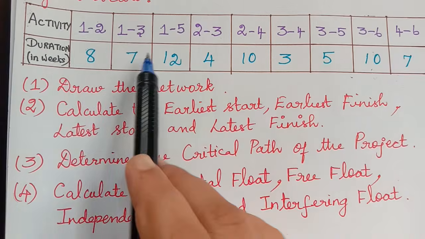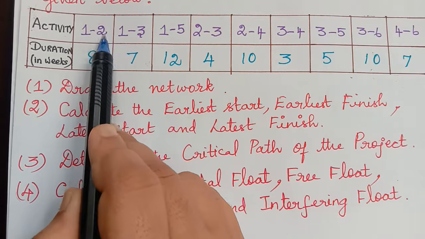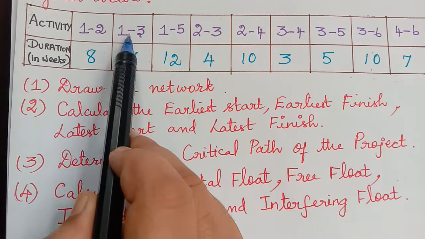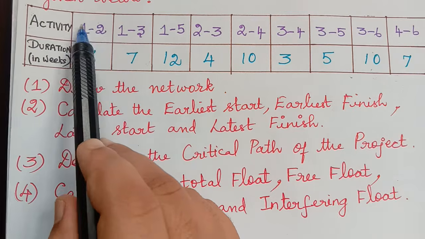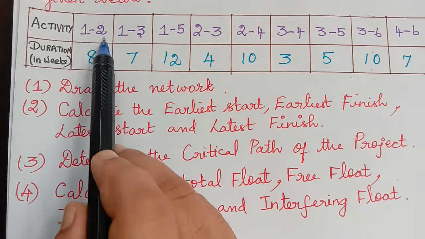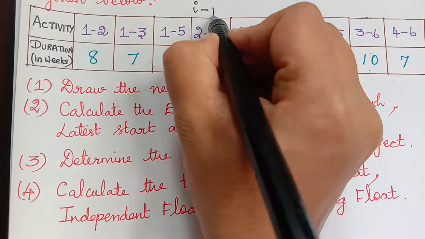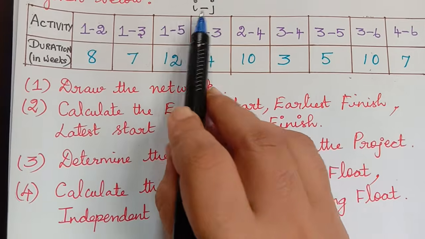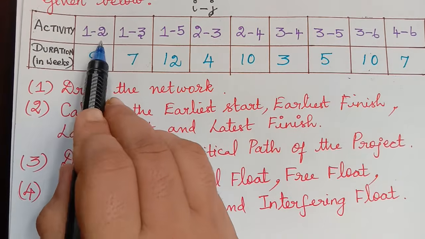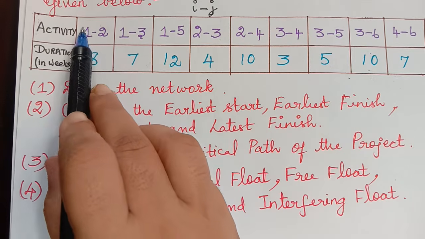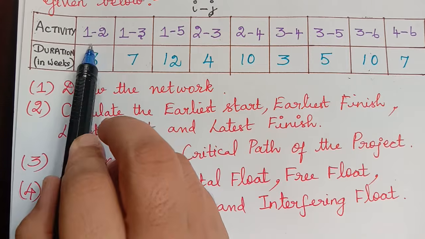In these activities, this is represented by I and this is represented by J, where the tail event takes the value I and the head event takes the value J. So we will represent it as I to J, which implies activity I to J. Here the value of I is 1 and the value of J is 2, so there is an activity between the events 1 and 2.